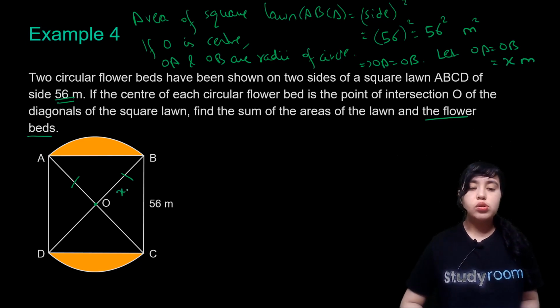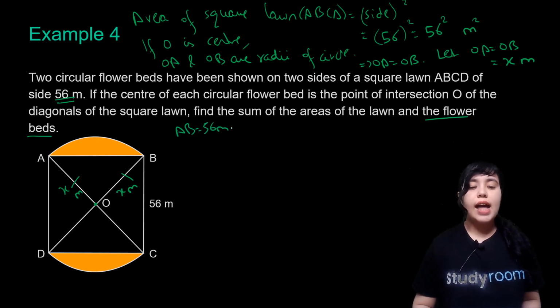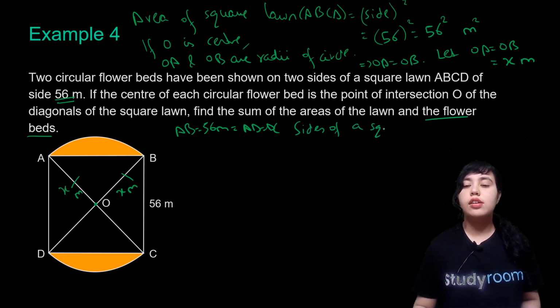So we have assumed them to be x meter each. Now AB will also be 56 meter, and so will be AD and DC as well, because sides of a square are equal. So this is 56 meters.